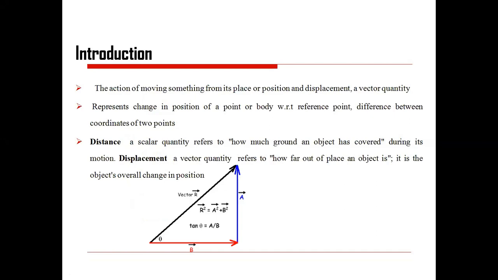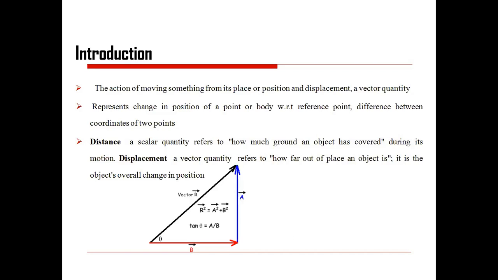Displacement is a vector quantity. It represents the change in position of a point or a body with respect to a reference point. What was our reference point? Our reference point was point A, with direction to a particular side, as shown as AB with a bar. That's why it is a vector quantity. It is the difference between coordinates of two points.